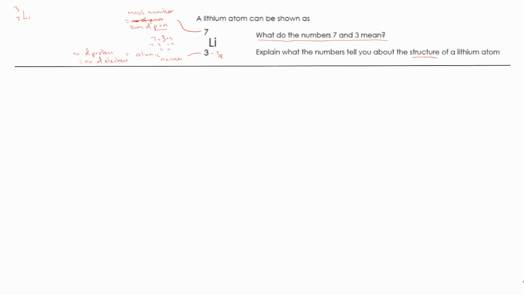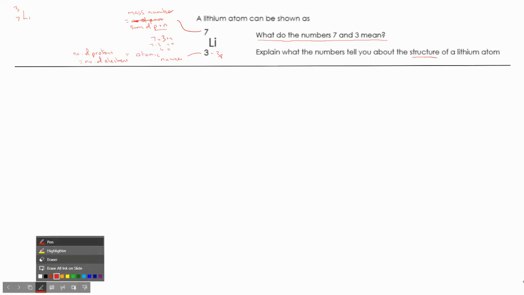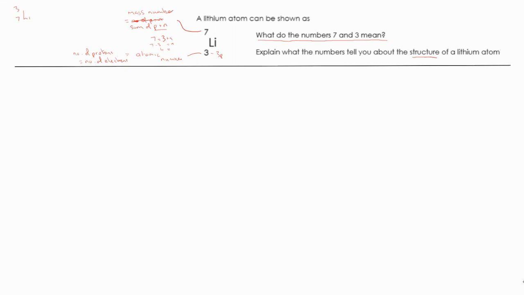so it has to be 4. So now we need to write, because it's a 6-mark question, we can't write this in note form, we need to write this in full sentences. So I'm going to change to the black pen here. So first of all, we're going to say what the numbers 7 and 3 mean. So the number 7 is the mass number.